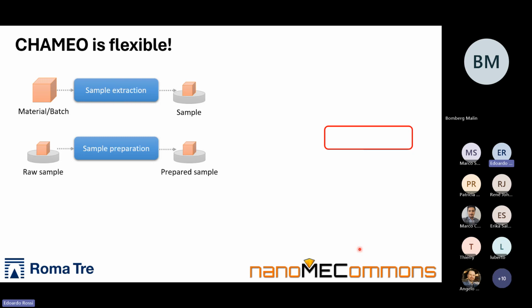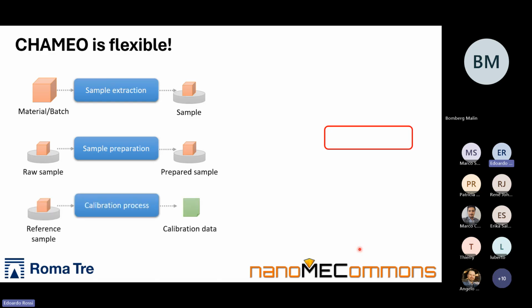So we have the sample extraction, we have the sample preparation. So we define a raw sample, which is the extracted sample, and then we define the prepared sample through the sample preparation. And then we have, from the reference sample, the calibration process that gives us the calibration data.